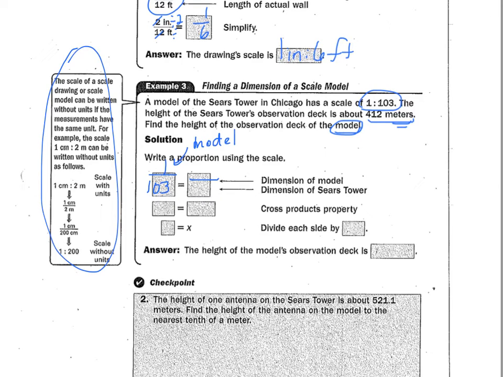We are trying to find the model's deck, and then it tells you the actual observation deck is 412 meters. Okay, you cross multiply, you get 103x equals 412. Divide both sides by 103, and x is going to equal 4. So what that means, 4 meters. You guys try number 2.